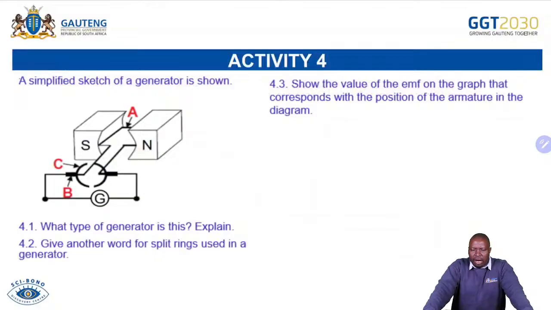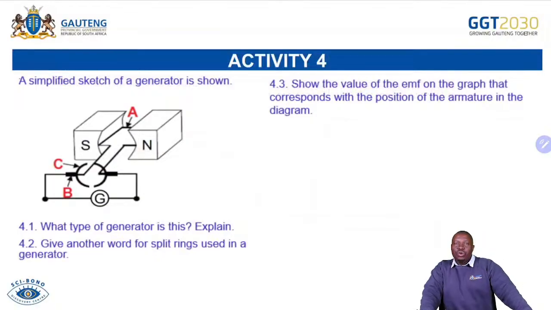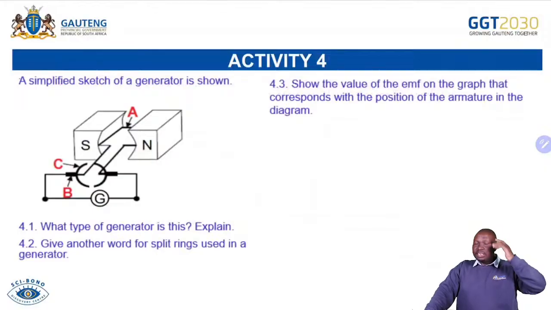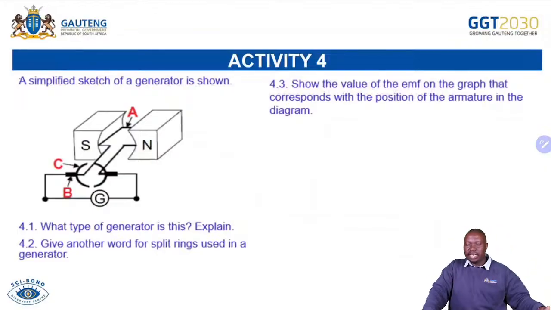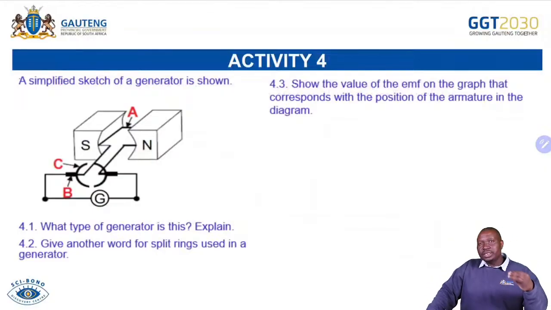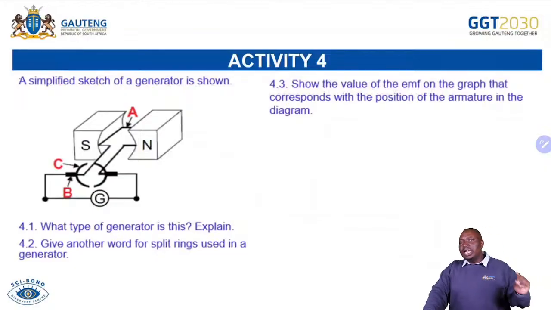And then a simple question for you to look at and say what type of generator this is. The first question you must ask yourself: how do I know that this is a generator? I know that this is a generator because we said the motor needs a power source.